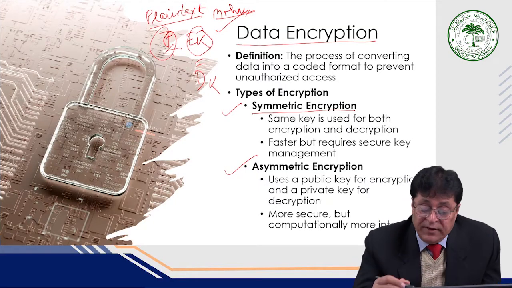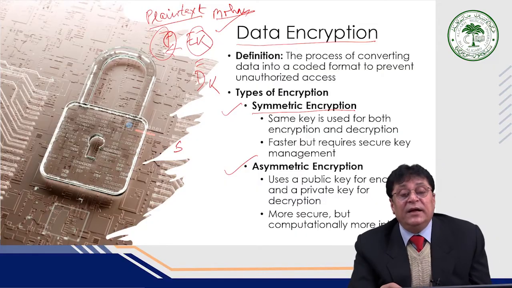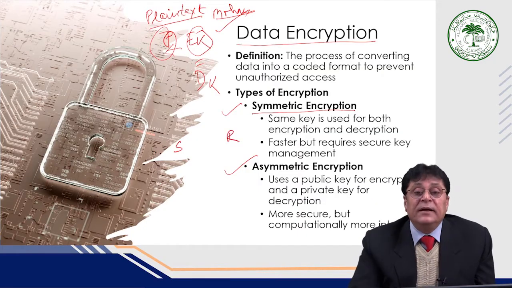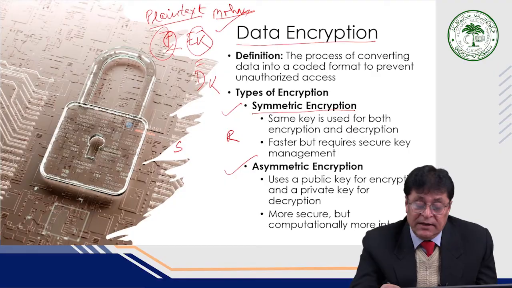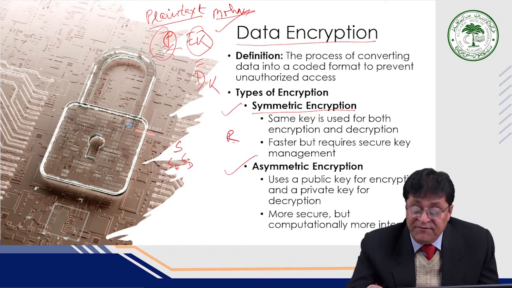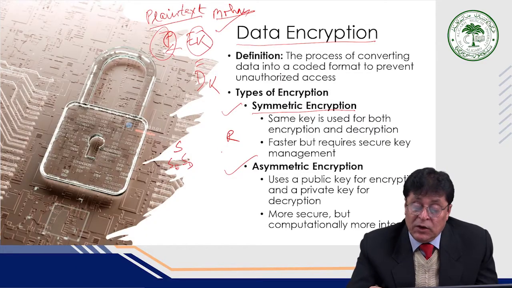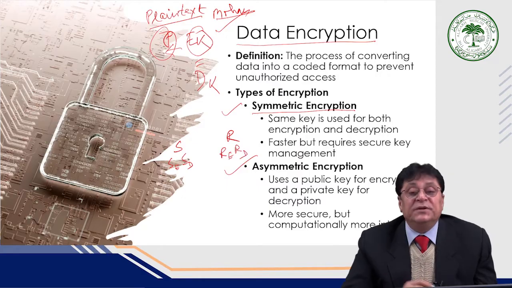So, if I am the sender, I have to send something to a receiver, I need to have two keys. One key for encryption and one key for decryption. In the same way, the receiver needs to have two keys. One key for encryption and one key for decryption.